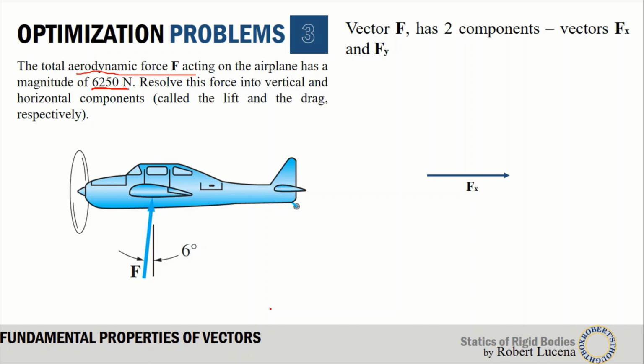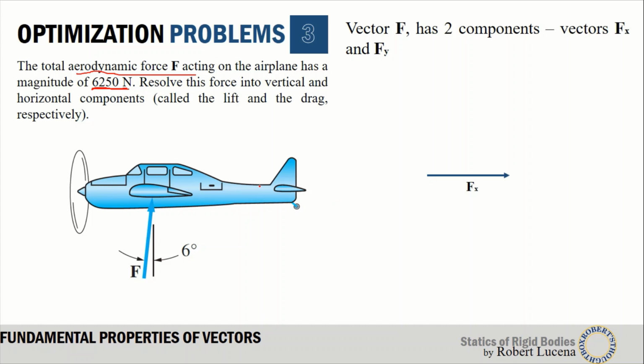It has a magnitude of 650. This aerodynamic force causes the airplane to maintain its altitude. However, it is not acting perfectly in a vertical direction. It has a certain inclination, measured 6 degrees from the vertical axis.